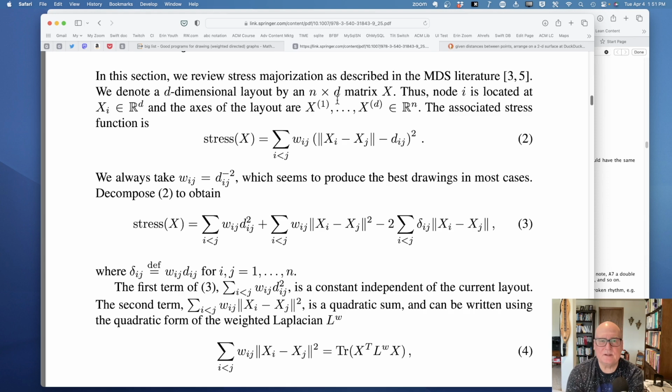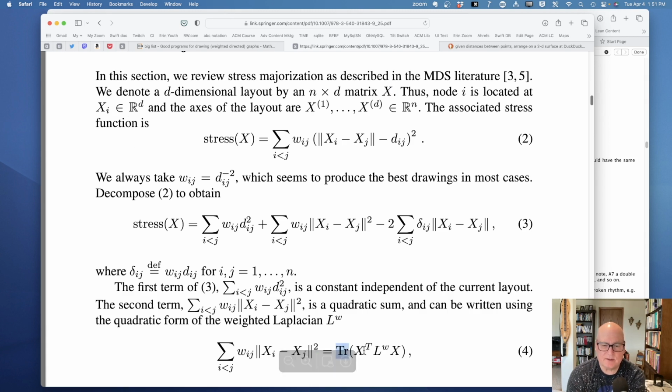In d dimensions, the layout is an n by d matrix X, with axes x1 to xd. So I guess the whole thing is X is this matrix.